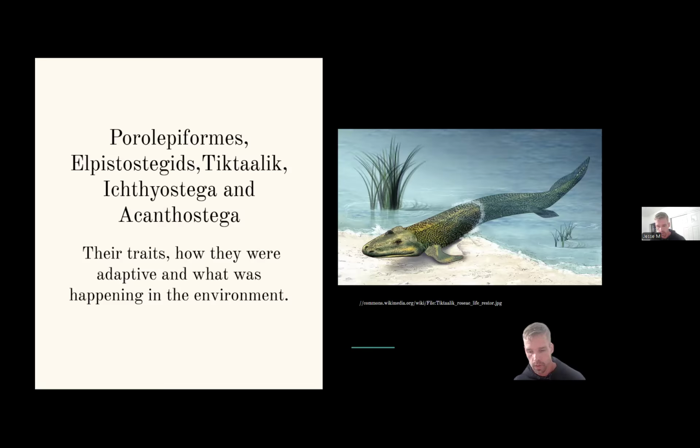Moving on, we have Elpistostegids. That's late Devonian, 385 to 375 million years ago. Again, the environment we're looking at is shallow, low oxygen, also with cluttered substrates. You could have leaves falling from the shore into the water, creating a lot of areas that are now a prey-rich environment, so to speak.